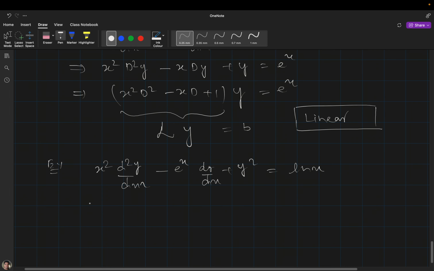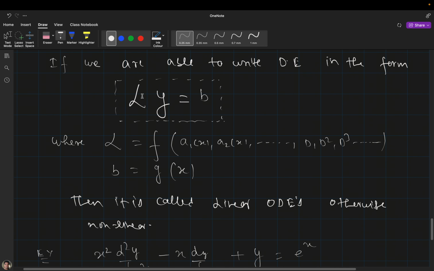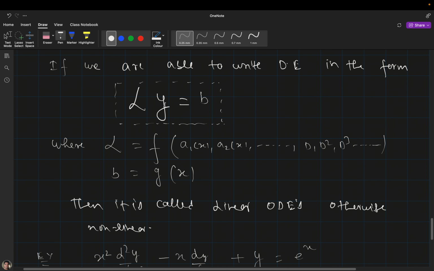There is one more thing you have to understand: there is no multiplication between L and y. L is a kind of operator which is acting on y.